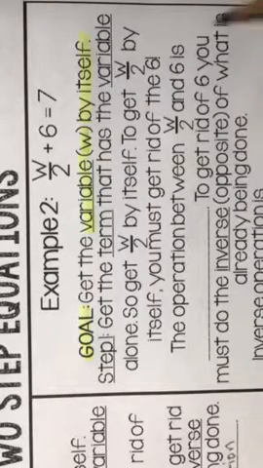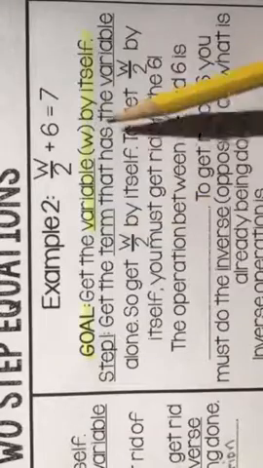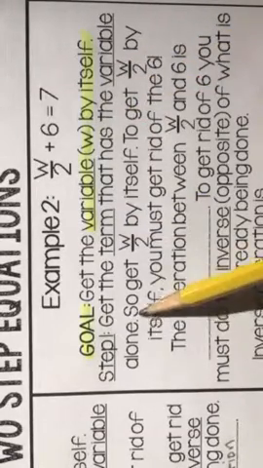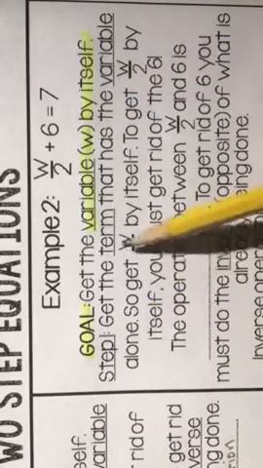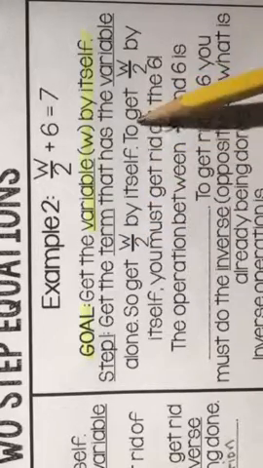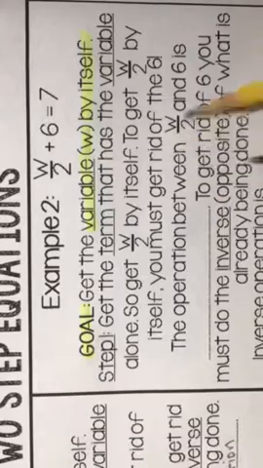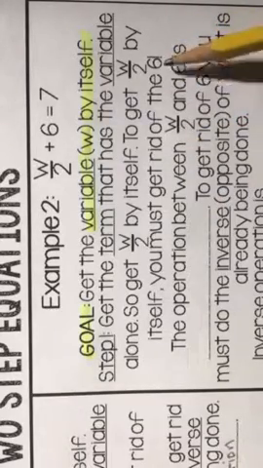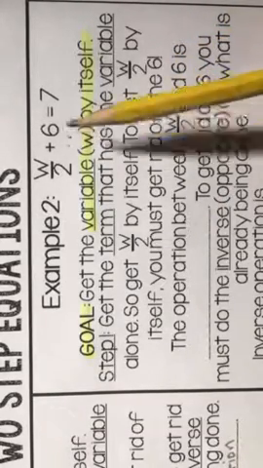So for step 1, again, I have to get the term that has the variable alone. So that would mean I need to get w over 2, or w divided by 2, by itself. And to get w over 2 by itself, you must get rid of the plus 6. I have to get rid of this plus 6.